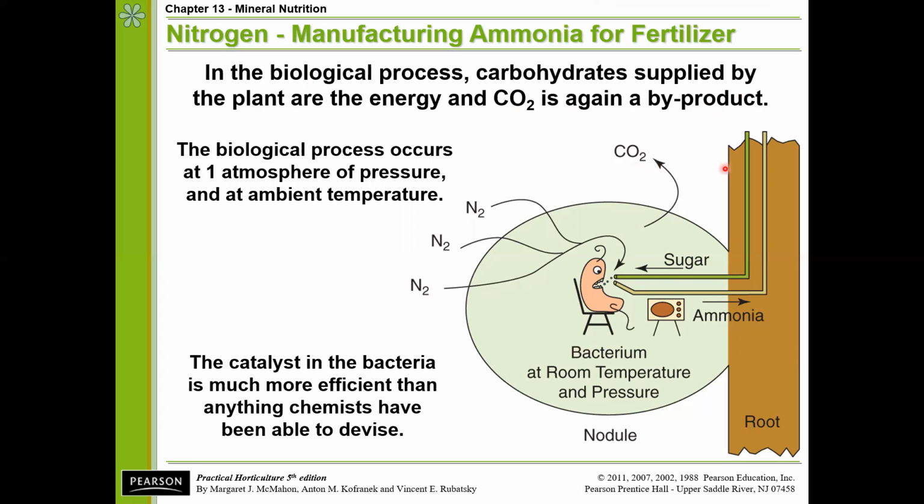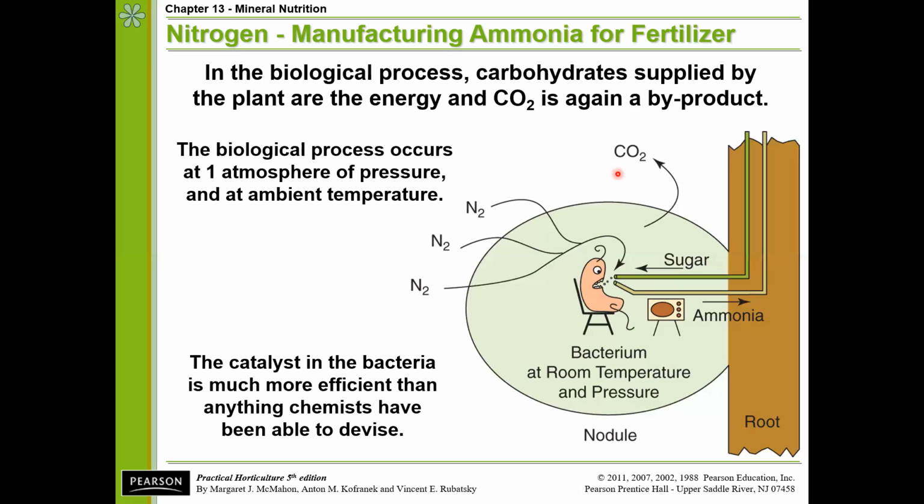But in this case, the plant is supplying all the carbohydrates that it needs, all the energy, to the bacteria. And this is occurring at regular pressure and at regular temperature. And they're able to convert the sugar and the atmospheric nitrogen into ammonia. So unfortunately, chemists have not been able to recreate this under low temperature and pressure.